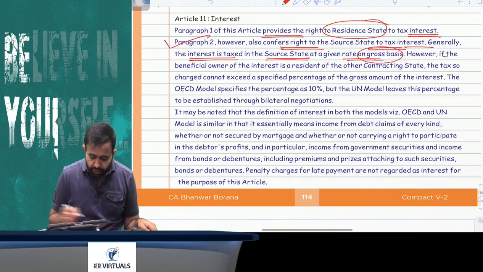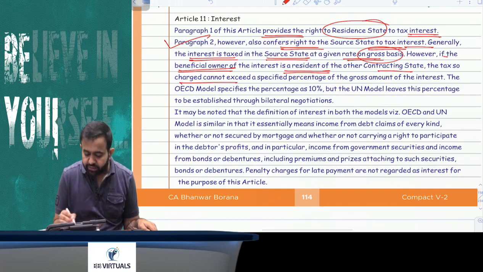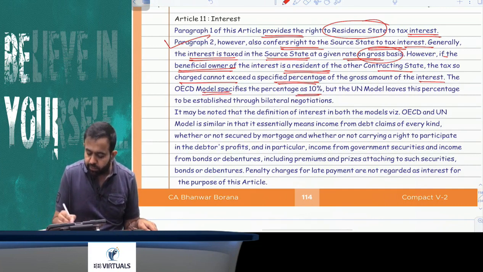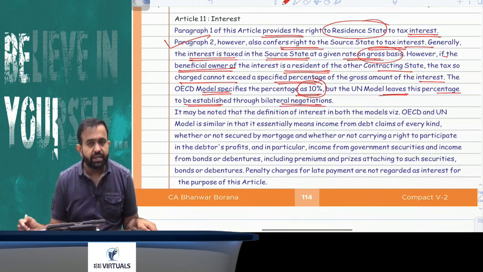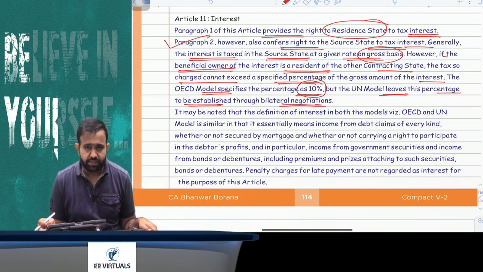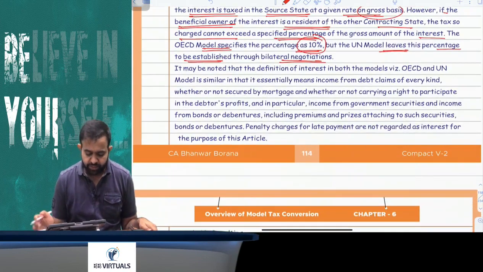However, if the beneficial owner of the interest is a resident of the other contracting state, the tax charged cannot exceed the specified percentage of the gross amount of the interest. The OECD model specifies the percentage as 10%, but the UN model leaves this percentage to be established through bilateral negotiation. Means both countries should decide the maximum tax on interest that can be charged by the source country.